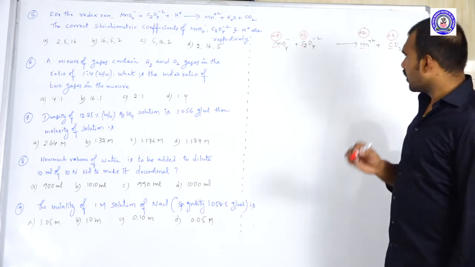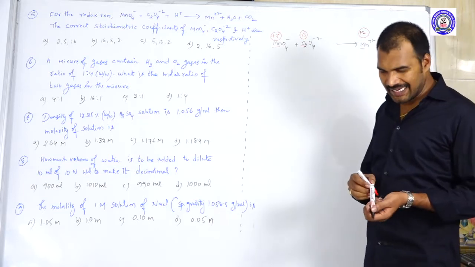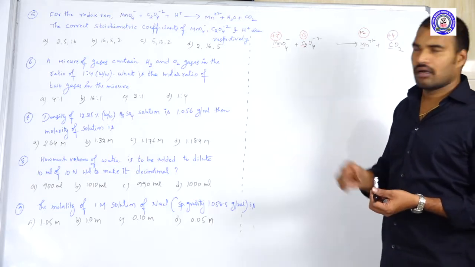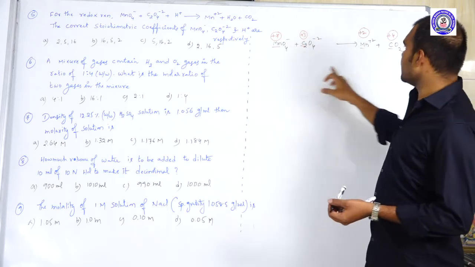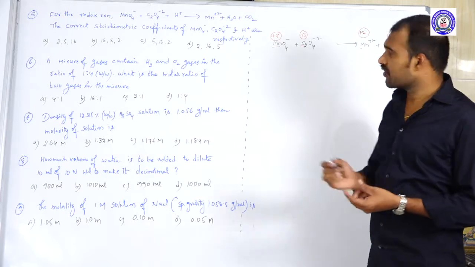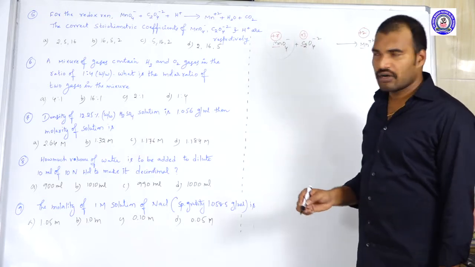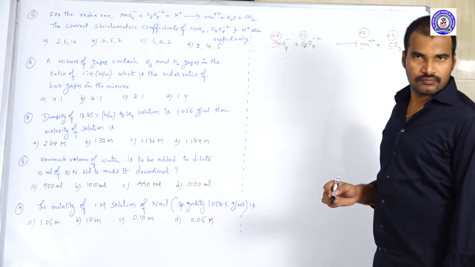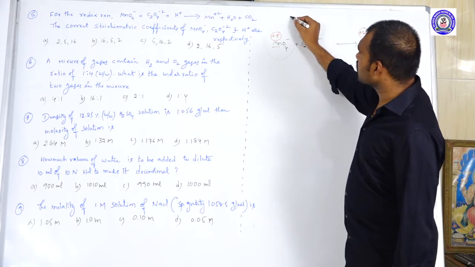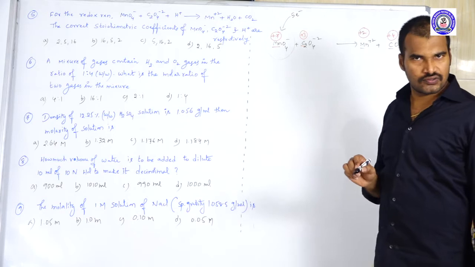Okay, now plus 7 to plus 2, that means it is decreasing the oxidation state. Decreasing the oxidation state we call it as what? Reduction. Here MnO4 minus is undergoing reduction, and gaining how many electrons? Each mole of permanganate is gaining 5 electrons.